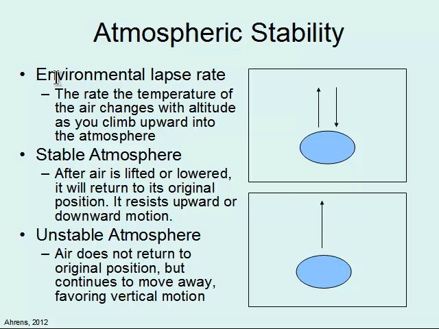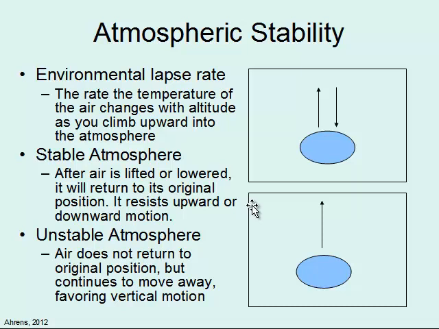One important thing to note, and your book talks about this quite a bit, is the environmental lapse rate. This is important for determining stability and determining whether or not that air parcel will rise or sink back to its original position, because as you travel from the surface out into the atmosphere, the temperature is going to drop at a specific rate.